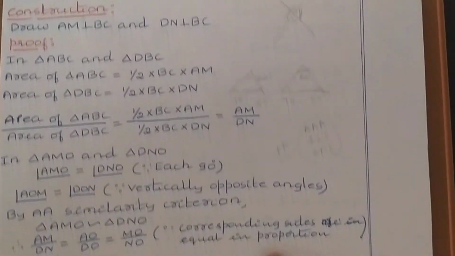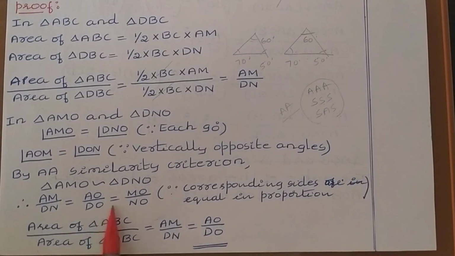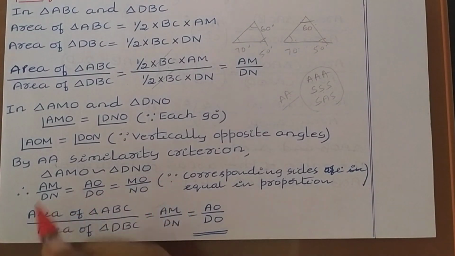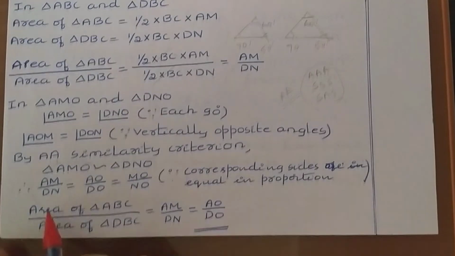So that I am writing now. Why have I written this? Because these two triangles are similar, and we know that if triangles are similar, then their corresponding sides are in equal proportion. So that's why I am writing this. Next, from this I am taking only this part.